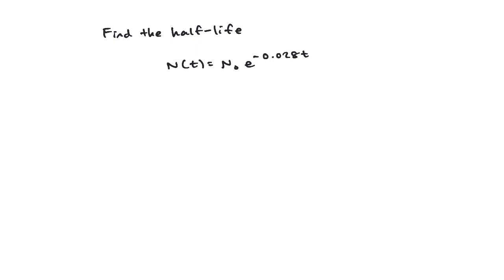And at the half-life, I have 1/2 N naught equals N naught e to the minus 0.028t. What I'm going to do is cancel out these N naughts on both sides. So I have 1/2 is equal to e to the minus 0.028t. Now I want to solve for this t right here.